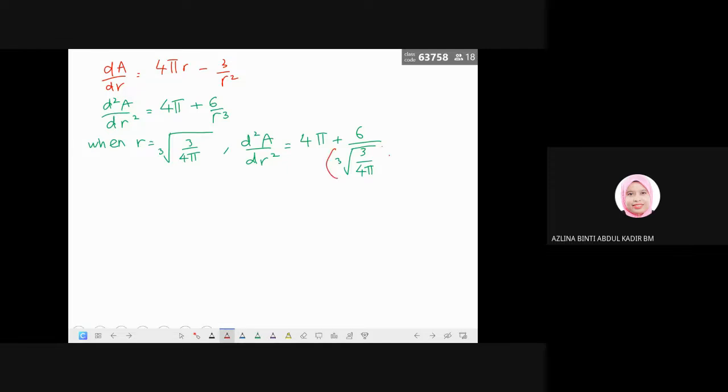Bracket power 3. Alright. So dia akan jadi cube roots dengan power 3 tu dah cancel out. So berapa? 6 24 over 3. 24 over 3 is 8. So 8 plus 4. 8 plus 4 is equals to 12.